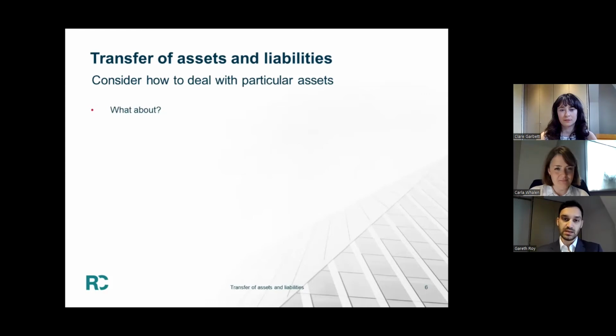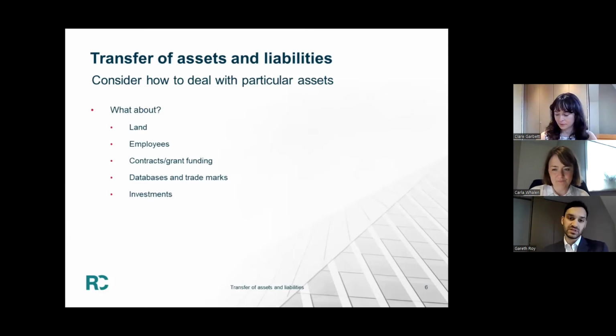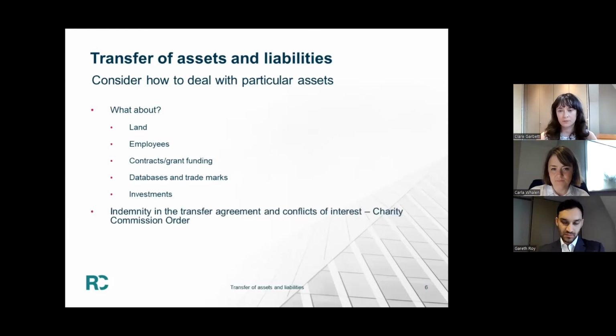So some particular things to look out for are listed here in terms of land, employees, contracts, particularly big, important contracts or large amounts of grant funding you've received. It's important to check those documents and see what steps you need to go through to move those across to the new charity. Databases, which Carla will of course talk about in a moment, and investments. And there may be other things that come out of your short internal due diligence exercise, just confirming what exactly do we have and how do we get them across.